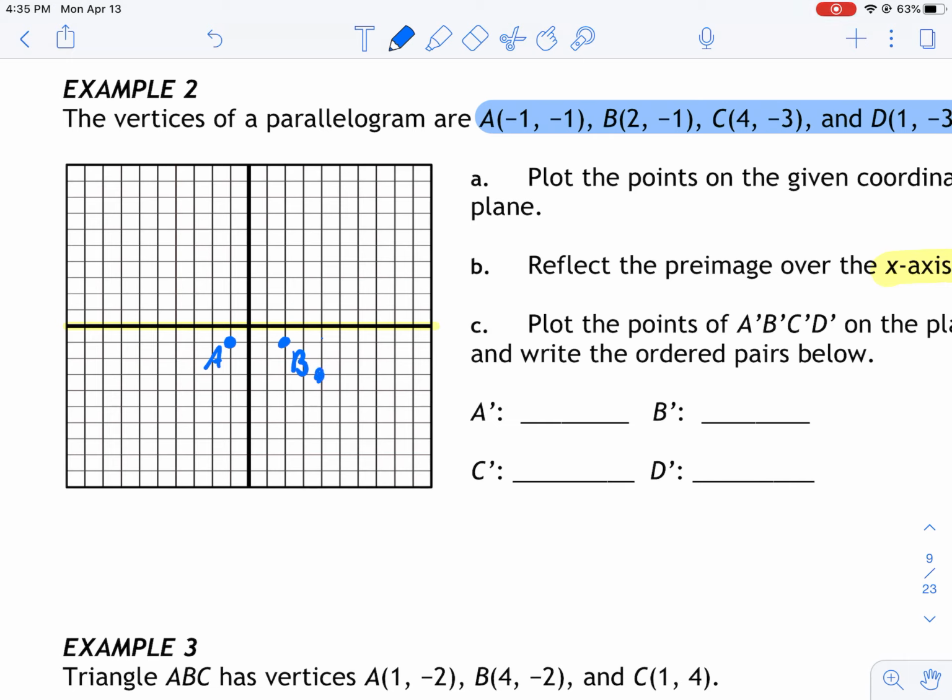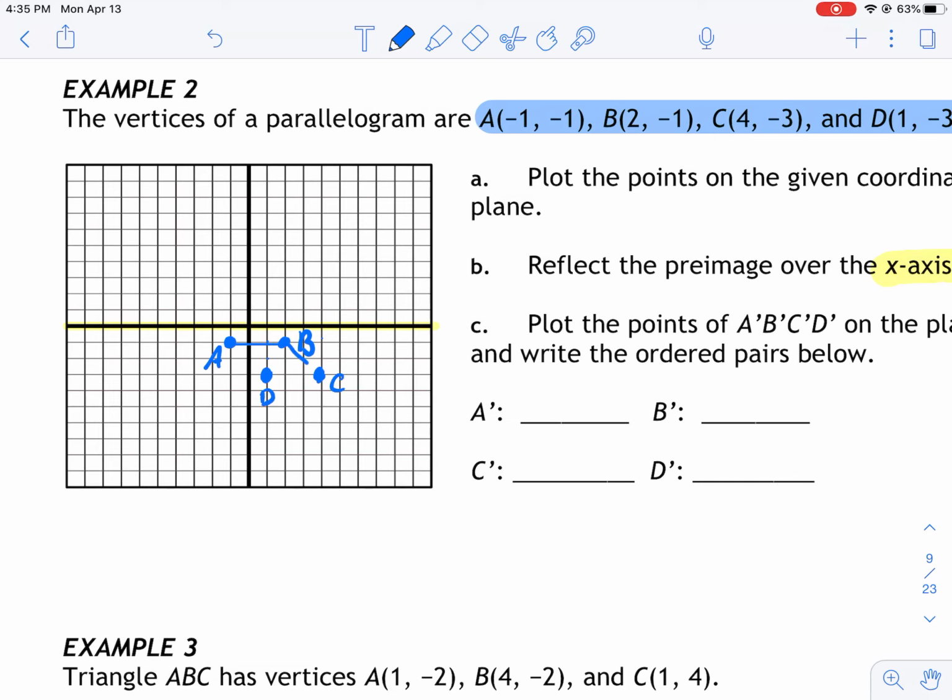So 1, 2, 3, 4, 1, 2, 3. Okay. I'm going to move this B out of the way. It's in my path of trying to get my side there. And then D is 1, -3. So it's going to be 1 there and then 3 down, which is the point right there.